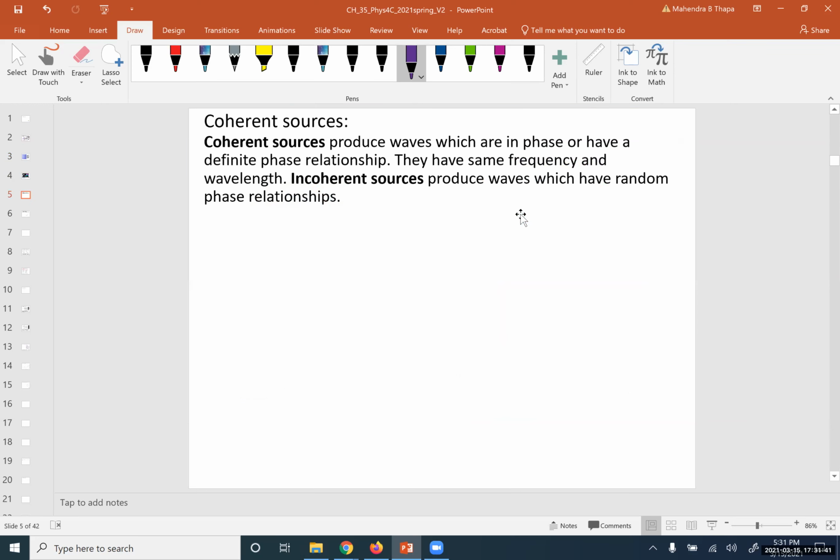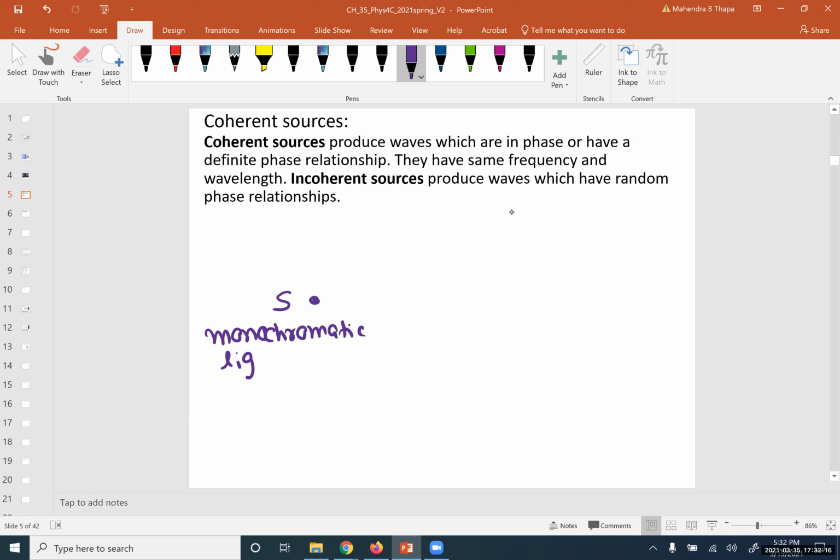Next we'll talk about coherent sources. Coherent sources produce waves which are in phase or have a constant phase difference, and incoherent sources produce waves which have random phase. For example, say I have a source S, a monochromatic source.